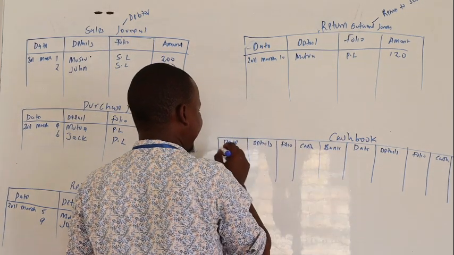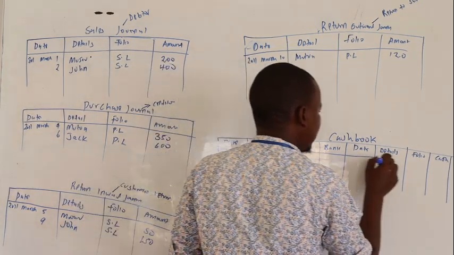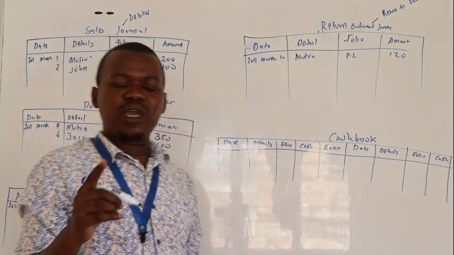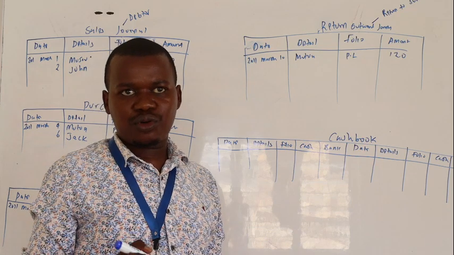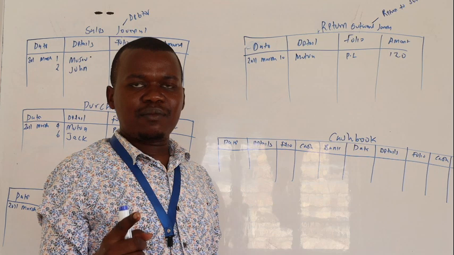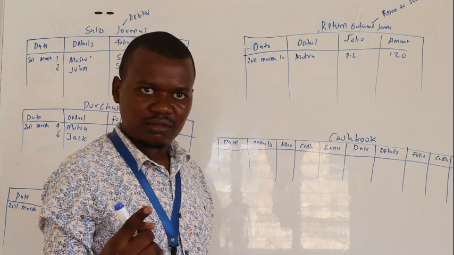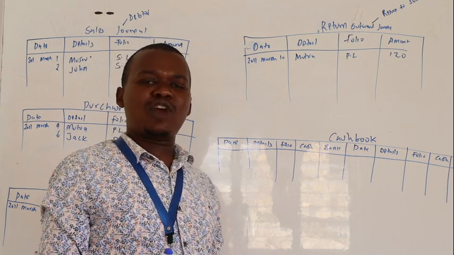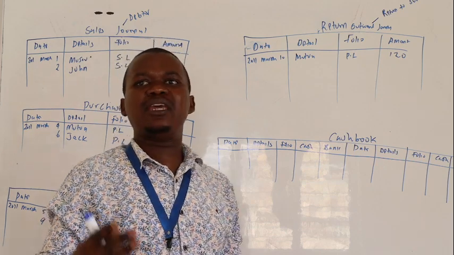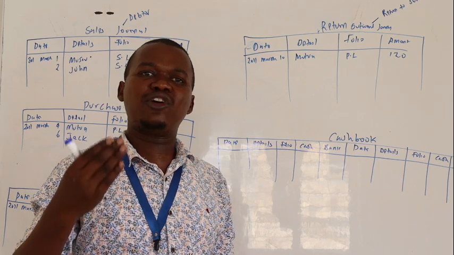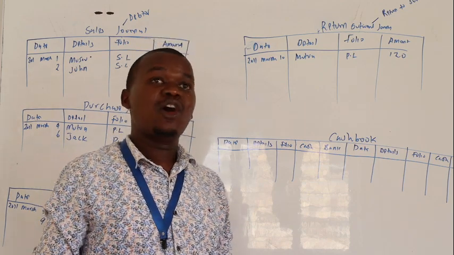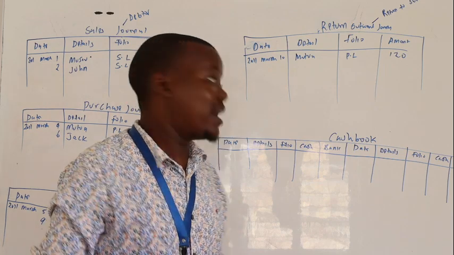We can have 1 column cash book, we can have 2 column cash book, we can have 3 column cash book. 1 column is whereby we have only cash. 2 column is whereby we have cash and bank, because customer can pay on cash, others can pay on bank through a check. Also, we can make payment on cash or bank.